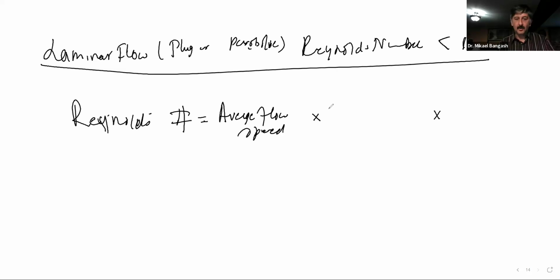That is going to be multiplied by the tube's diameter, which is going to be multiplied by the density.